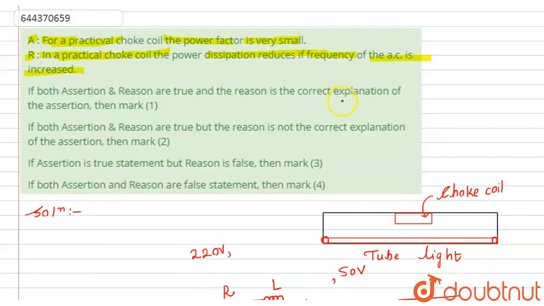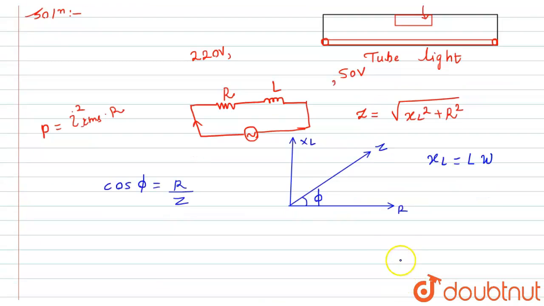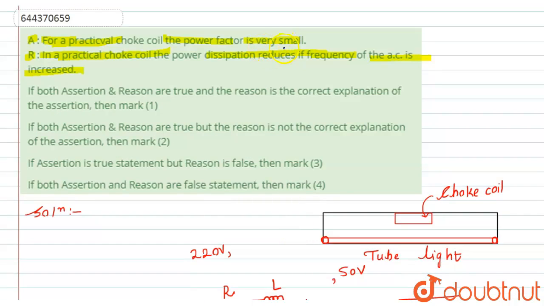Yes, it is very small, because to reduce the voltage from 220 volt to 50 volt, the inductive reactance required for the circuit is more. That's why the power factor is very small. The power dissipation reduces when the frequency of the AC circuit is increased, because then XL will increase, so Z will increase, and the power factor cos phi will reduce, which we want to be very small.